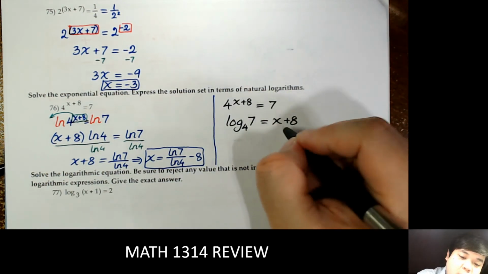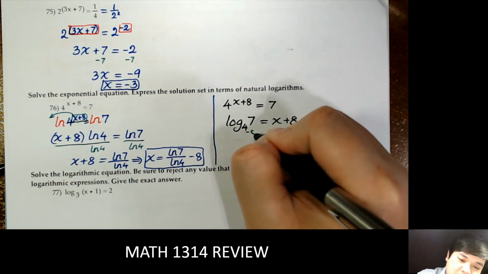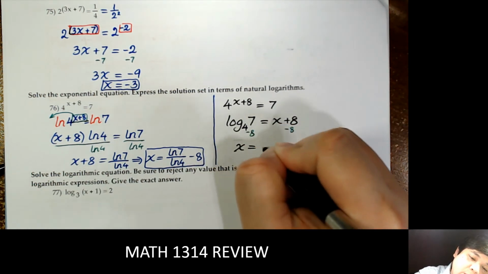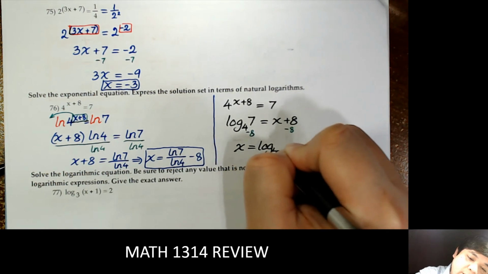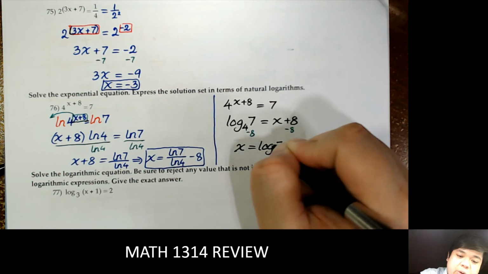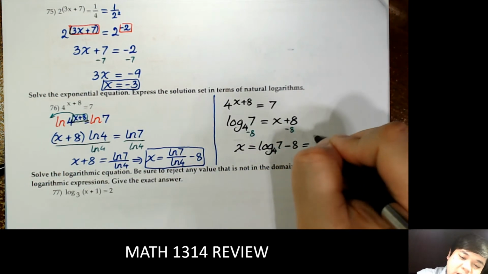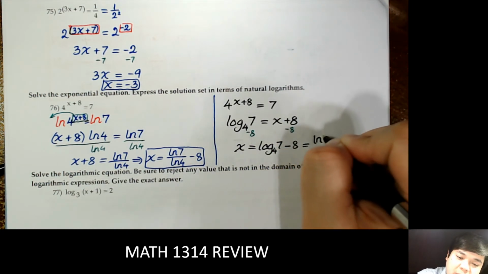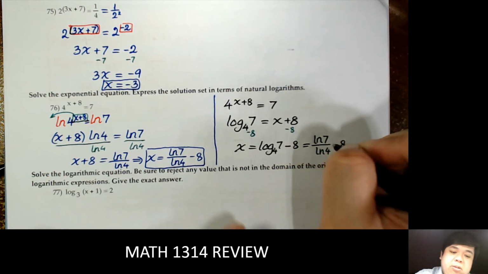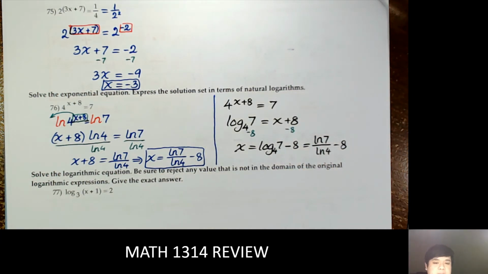And minus 8 on both sides. So we have x equal to log base 4 of 7 minus 8. For this one, we can rewrite using the change of base as ln of 7 over ln of 4 minus 8. Of course, they must be the same.